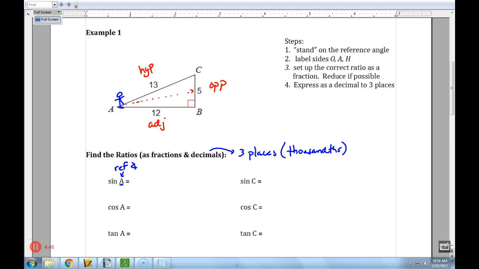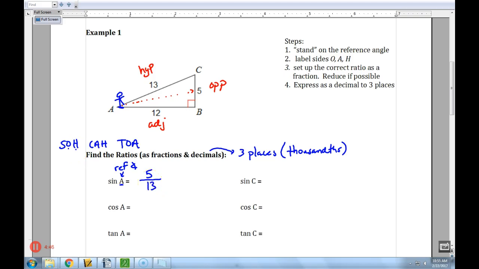All right, so let's now go through the ratios, keeping in mind Sohcahtoa. You really need to memorize this. If you memorize that, you're in pretty good shape. So the sine of A should be the opposite leg, which is 5, over the hypotenuse, which is 13.